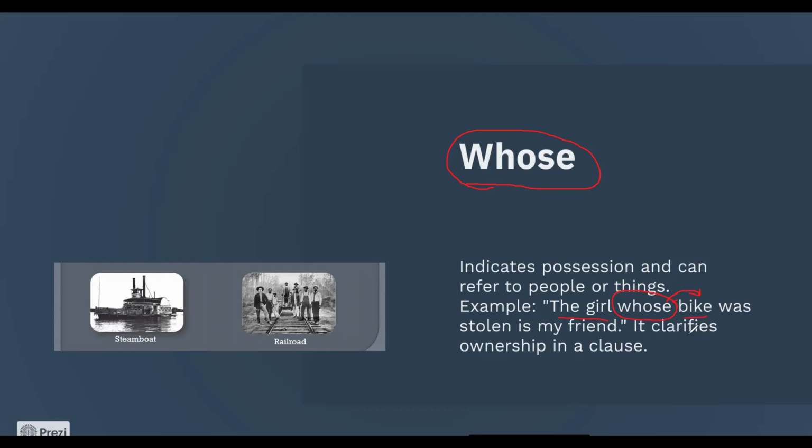Okay. Whose indicates possession. What kind of possession? Someone or something? Things or objects? In this case, whose indicates possession.